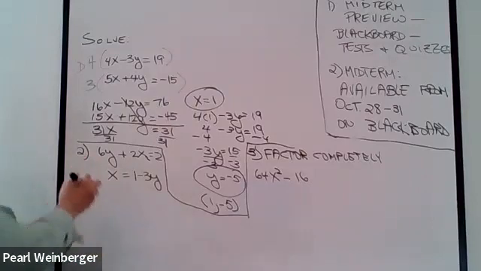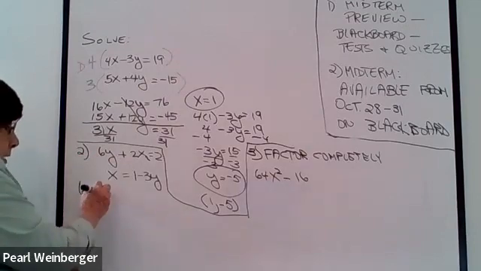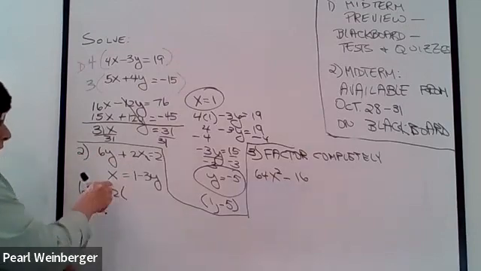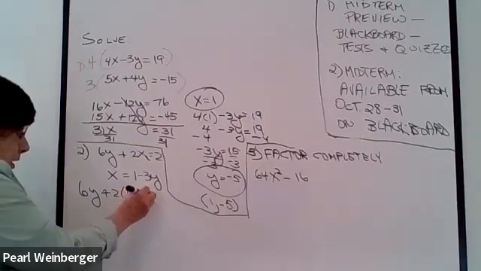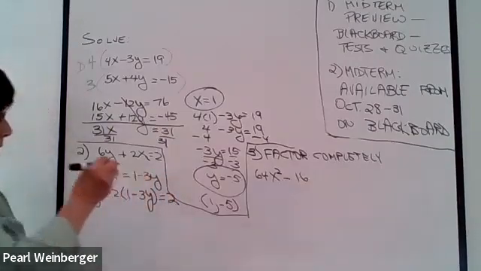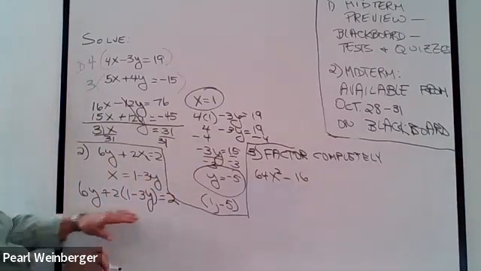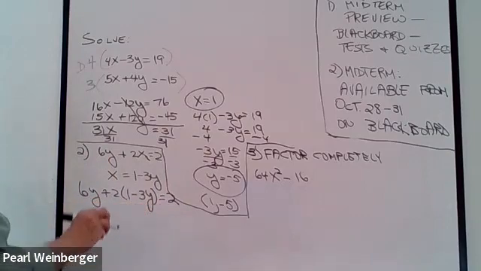And in my first equation, I'm going to write my 6y plus 2. In place of the x, I'm going to put the 1 minus 3y. And that's going to be equal to 2. And now I just have an equation that has only y's in it. So I can just solve it the way we've already solved linear equations.